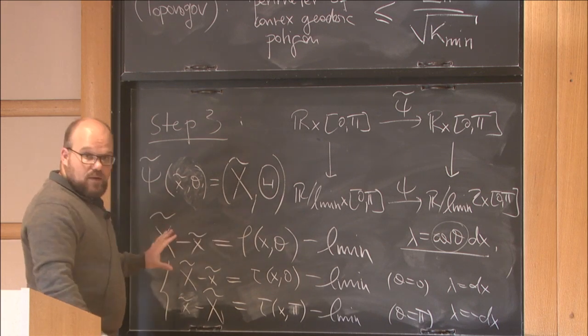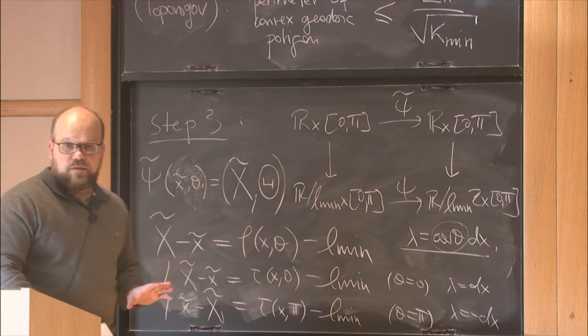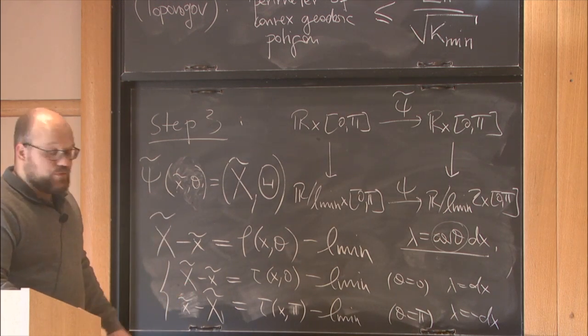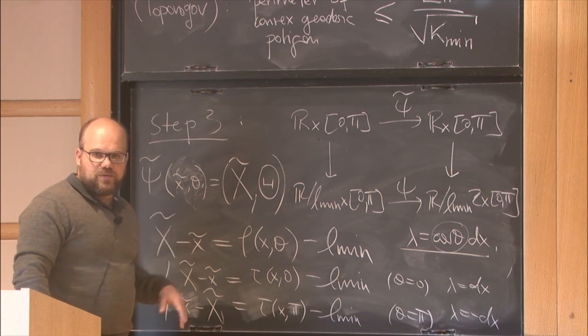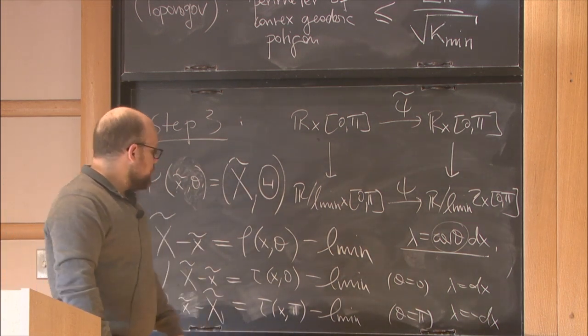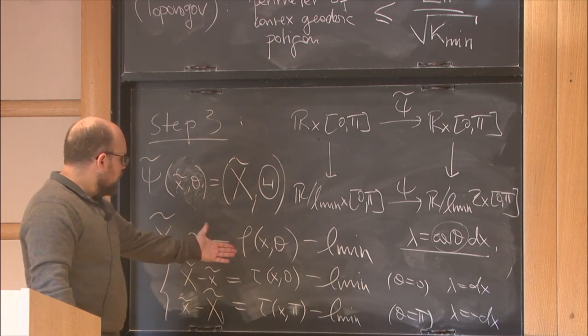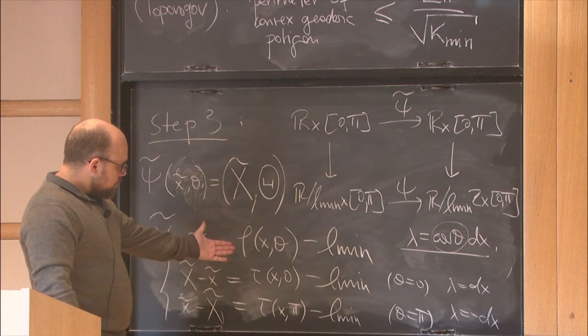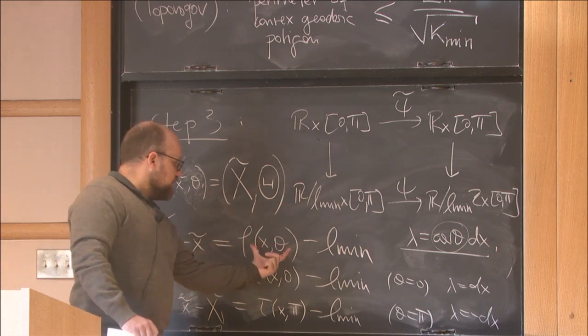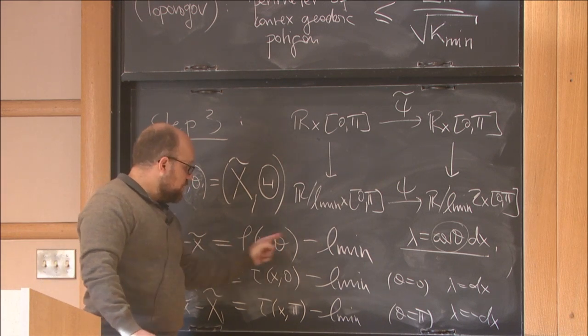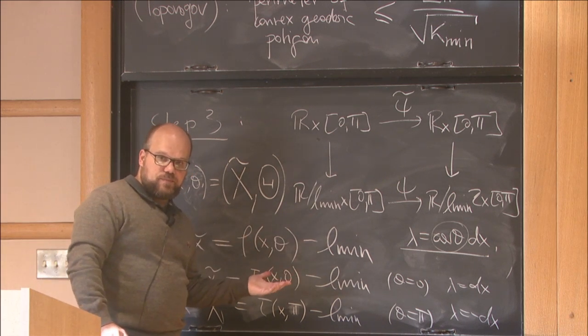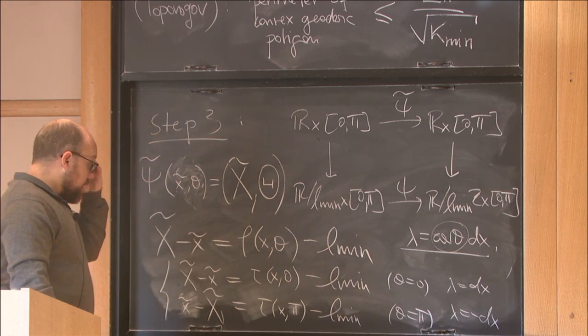Now, why? It's not coming from the annual time that you explained. No, that really came from Toponogov's comparison theorem, and once you have this description, this number takes value between 0 and 2 L mean, so this difference takes value between 0 and L mean.